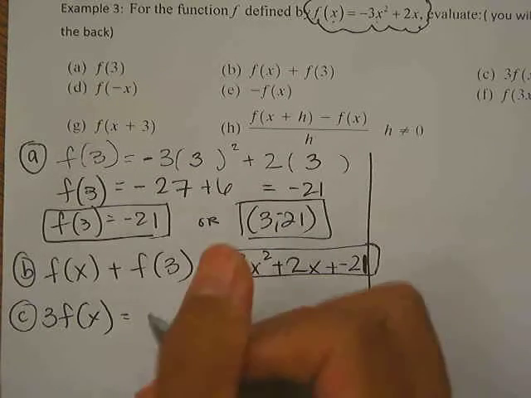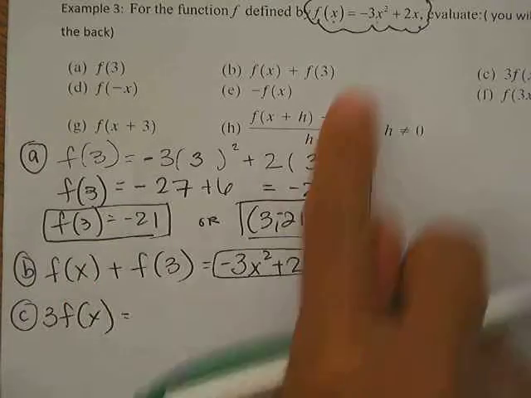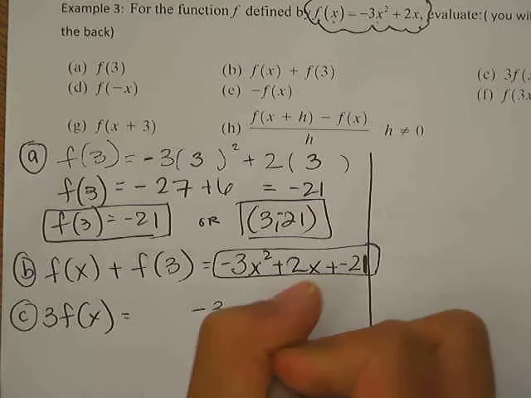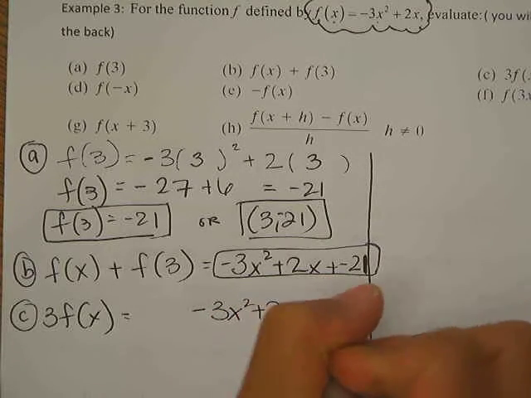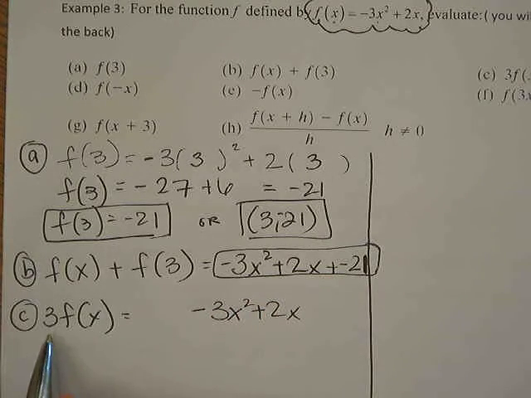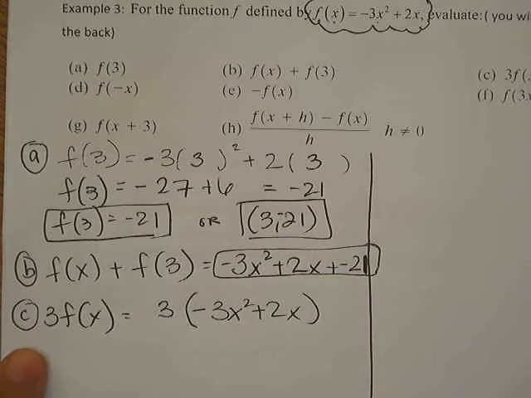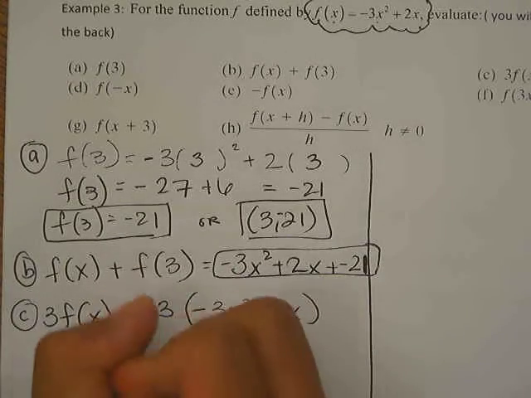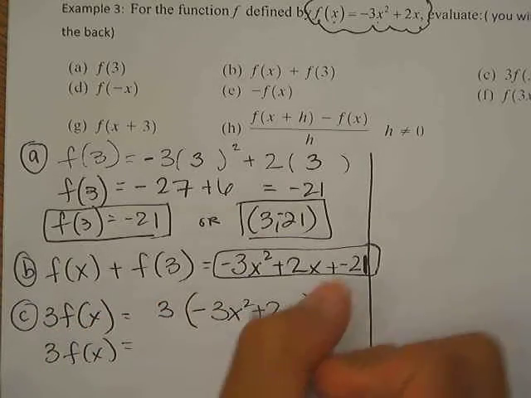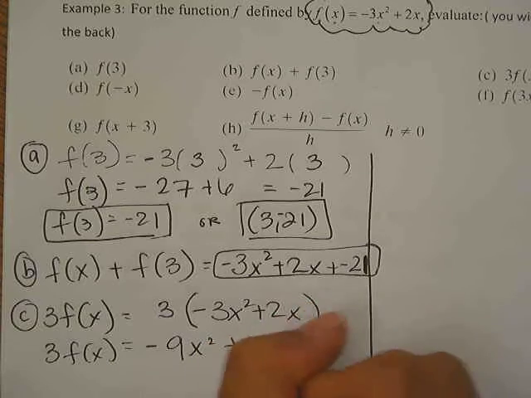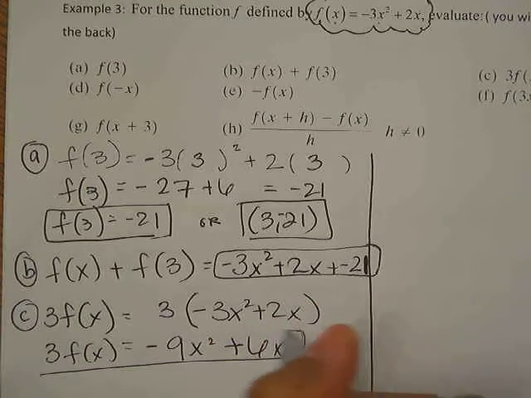If you remember, f of x is negative 3x squared plus 2x. And what I want to do is multiply this whole shebang by 3. So 3 times f of x is going to be negative 9x squared plus 6x. And that is going to be my final answer.